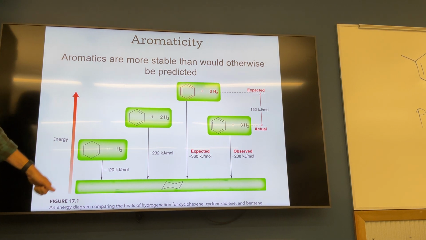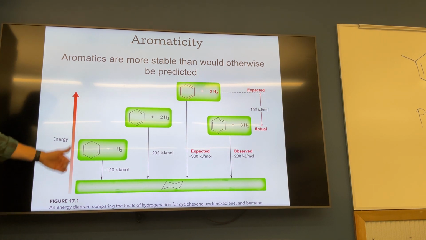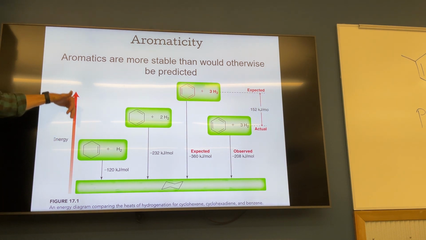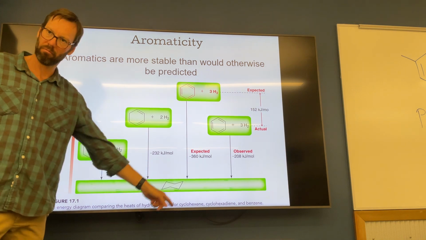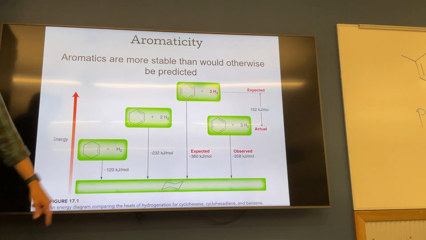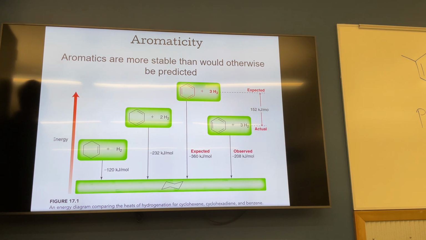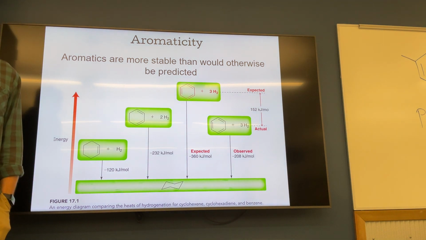Cyclohexene, yeah. If we were to take cyclohexene and hydrogenate it, the potential energy drops into just cyclohexane. And that drop is 120 kilojoules per mole. So we're releasing that amount of energy.